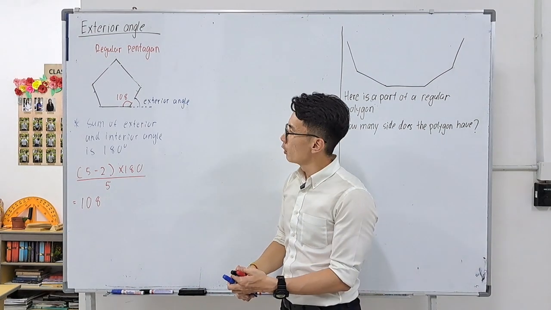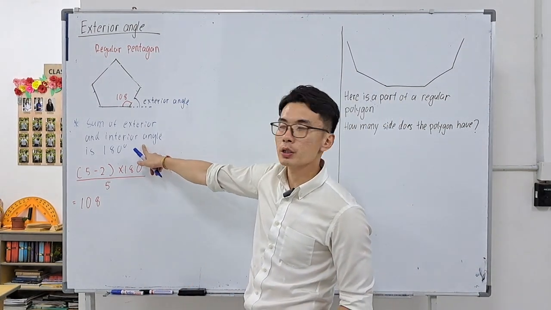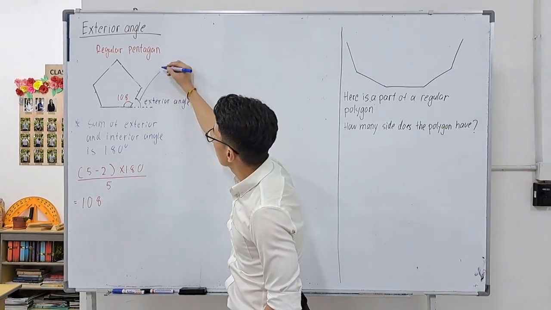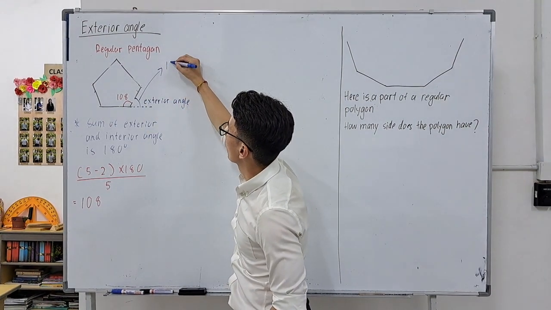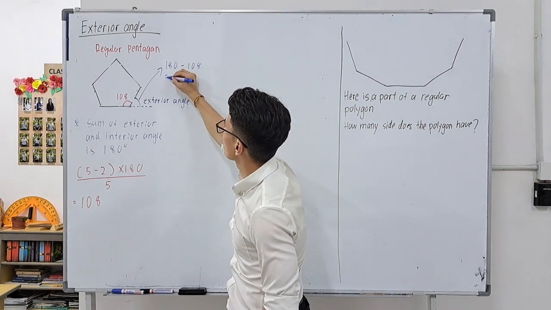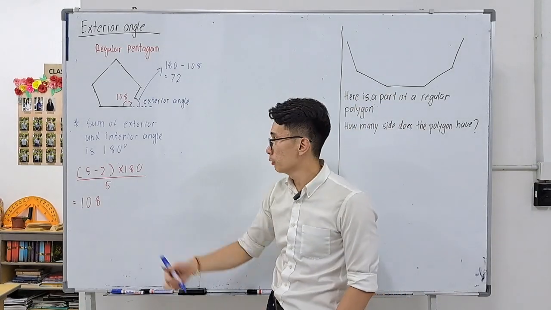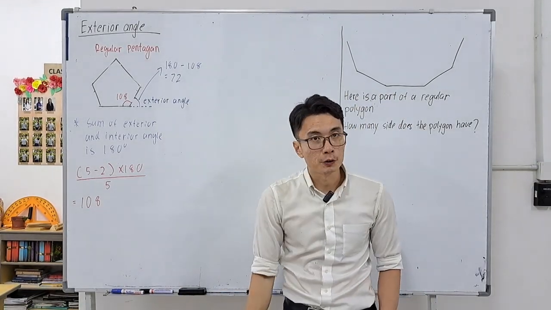Alright? So how do we calculate exterior angle? Based on this property over here, we know that this exterior angle is going to be 180 degree minus 108 and you should get 72. So 72 degree is the exterior angle of a regular pentagon.